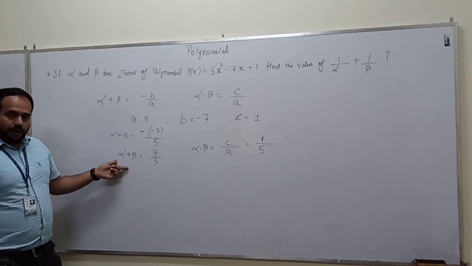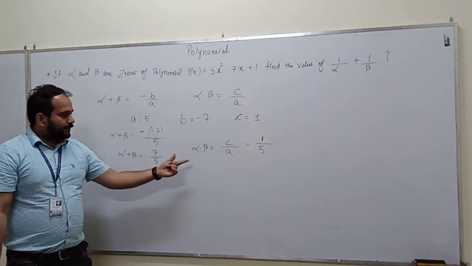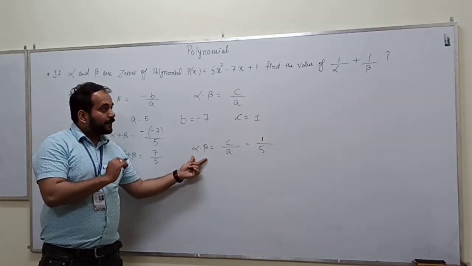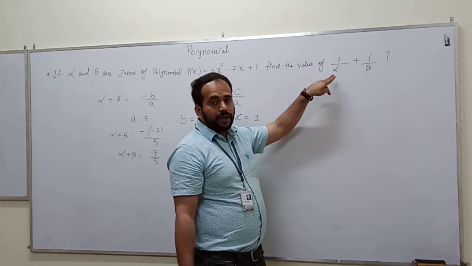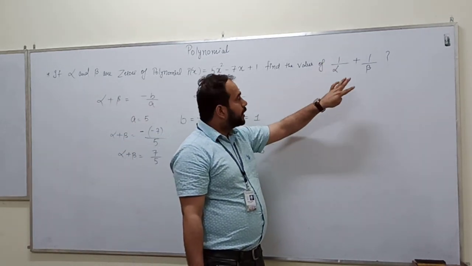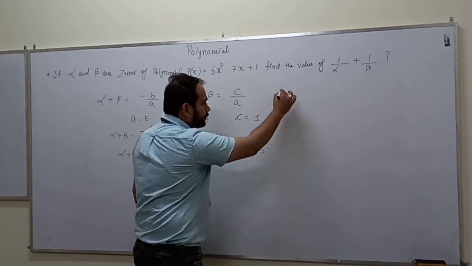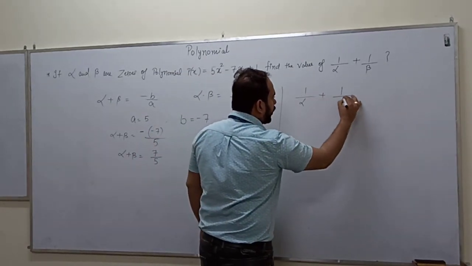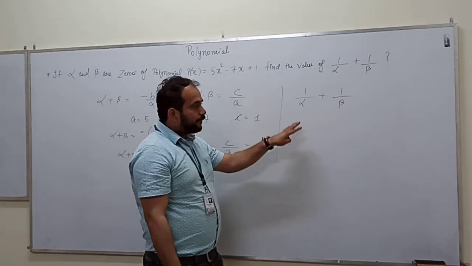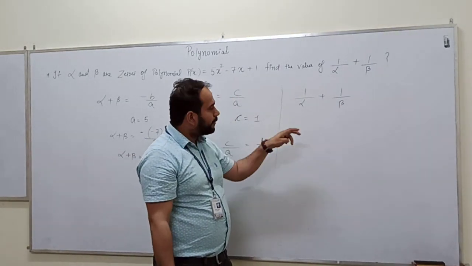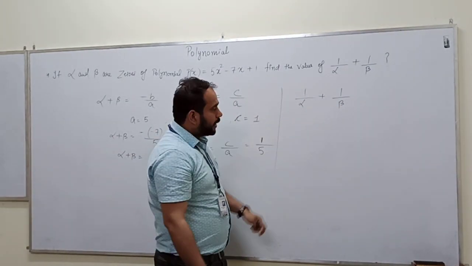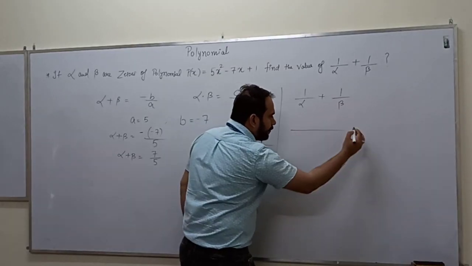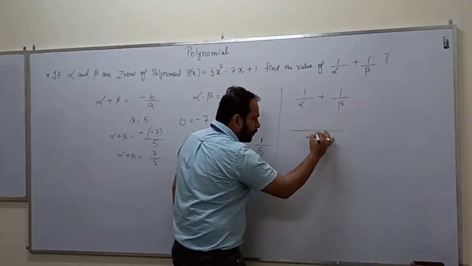Now I have got the value of alpha plus beta as well as alpha into beta, but we have to find 1 upon alpha plus 1 upon beta. Let's start with this. 1 upon alpha plus 1 upon beta. We have to take the LCM in this part. What can be the LCM of alpha and beta? The LCM of alpha and beta will be simply alpha into beta.